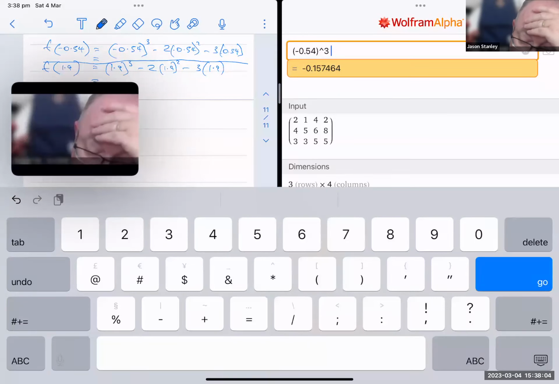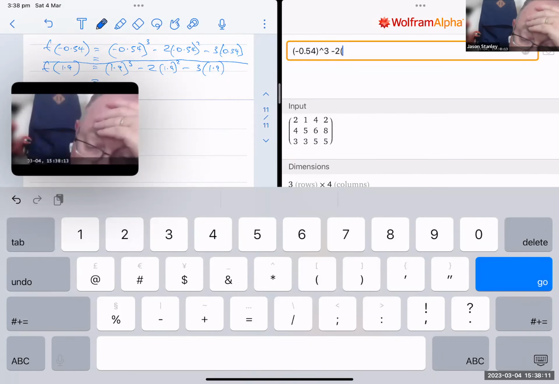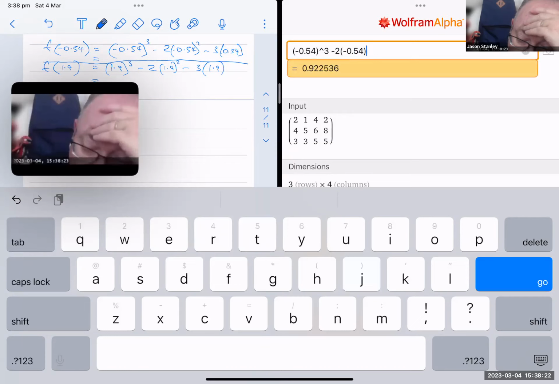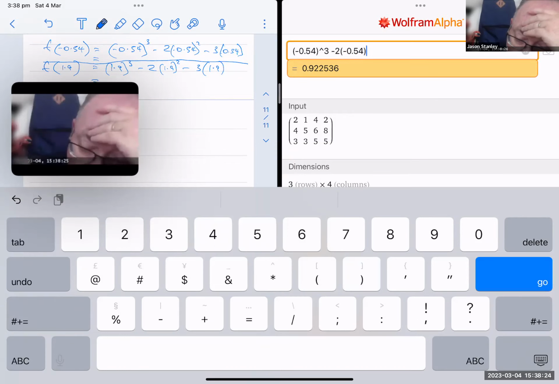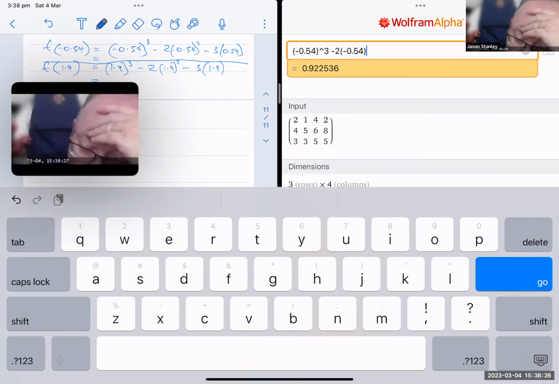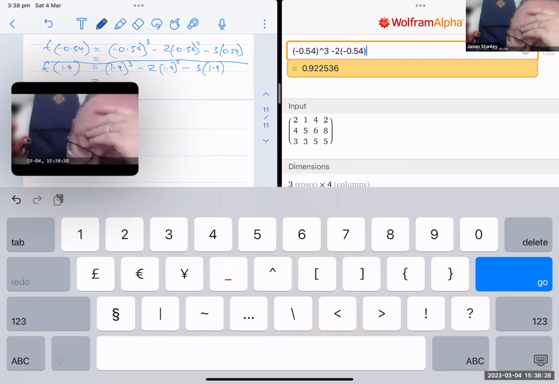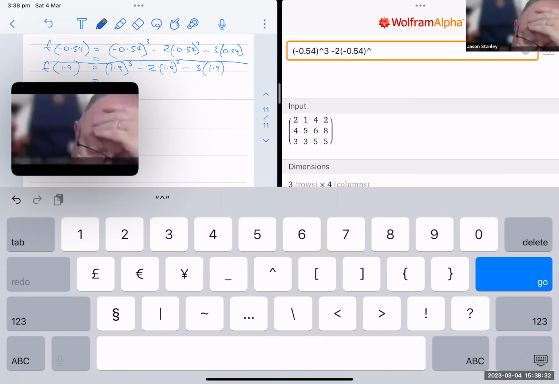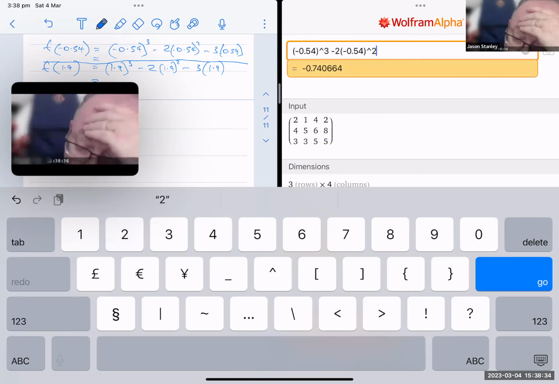Minus 2 times bracket minus 0.54, bracket, to the power 2, space.